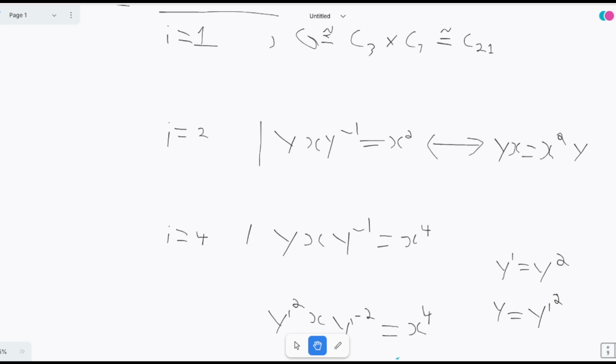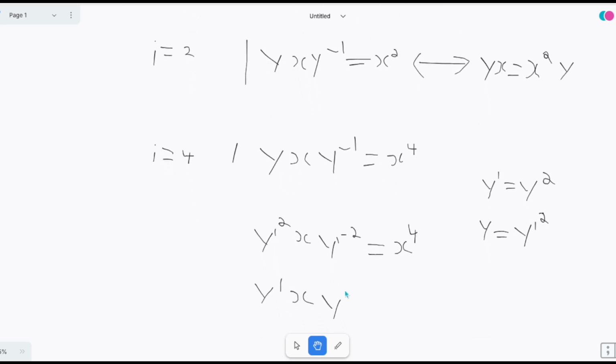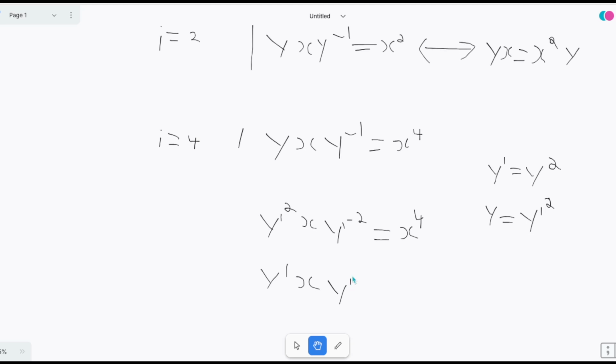Right. Which means that y prime x y prime is negative 1.